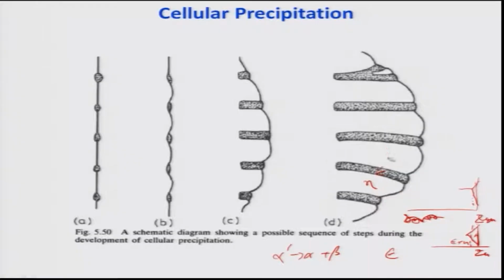This is eta and this is epsilon. That is how the lamellar morphology comes into the picture, and it obviously starts with nucleation of the epsilon phase at the incoherent grain boundaries.